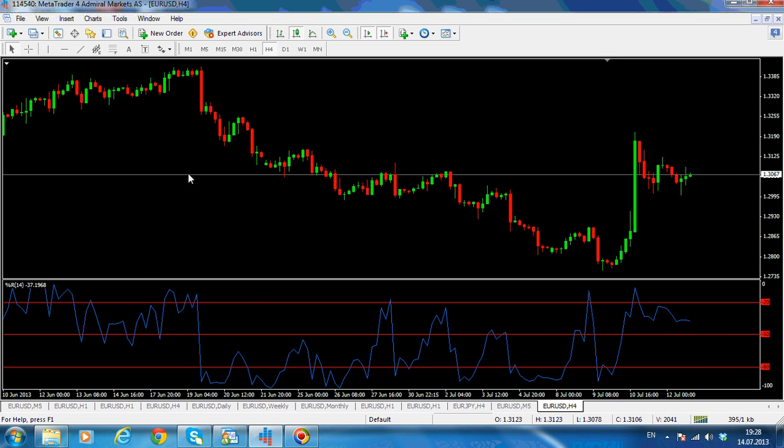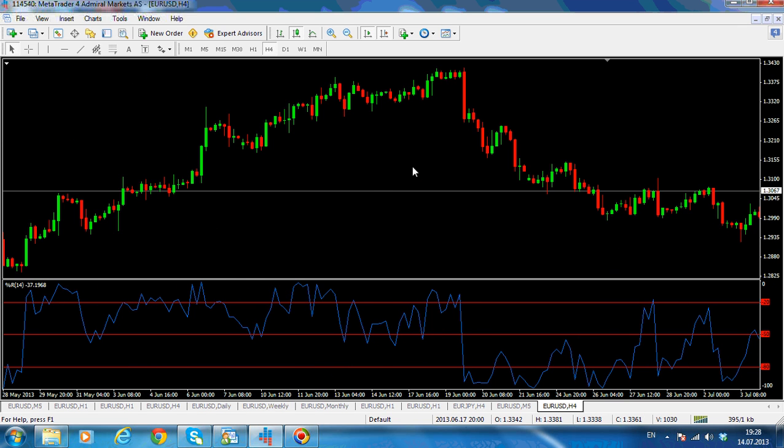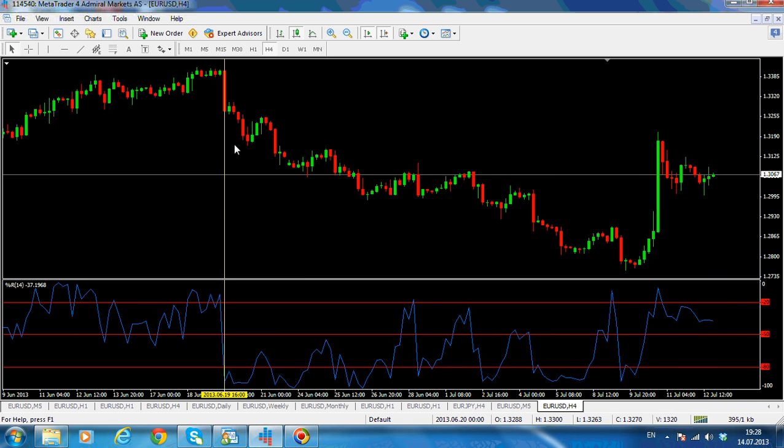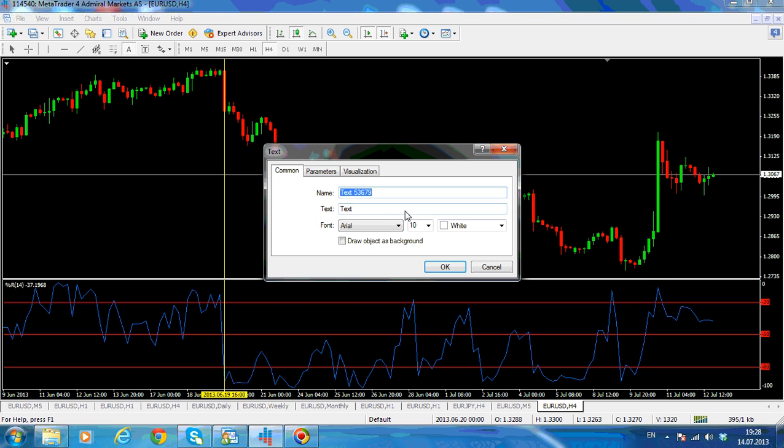So take a look at what price does. This is the moment when price breaks that upper trend line, so it comes to the downside here. From our point of view, this is the moment when we are breaking into bearish territory.